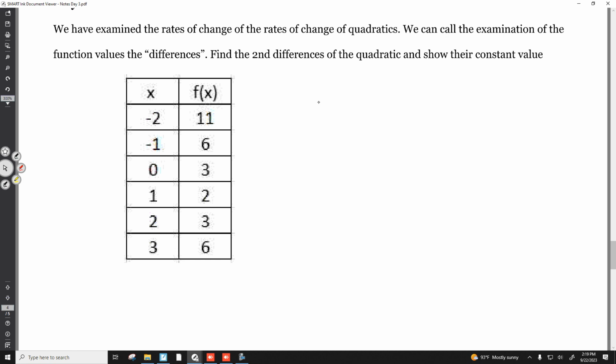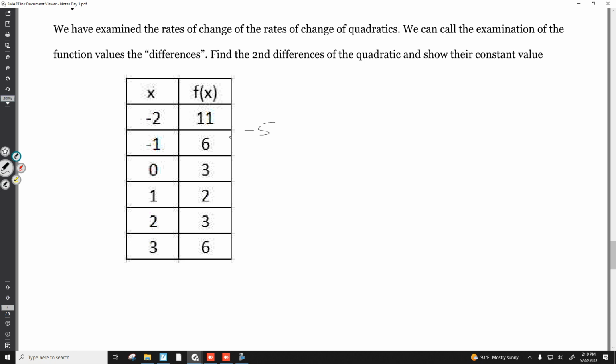The rates of change were linear, or the rates of change of the rates of change were constant. Now, we had talked about rates of change when we did the y's divided by our x's. We're not going to worry about the x's. We're going to just make sure they're equally spaced. They're equally spaced. We're going to just worry about the y.